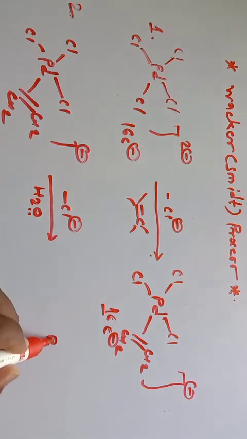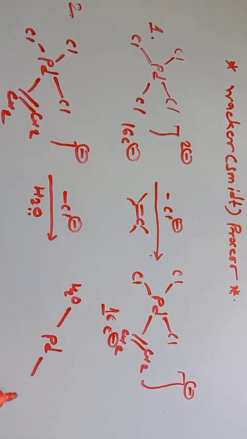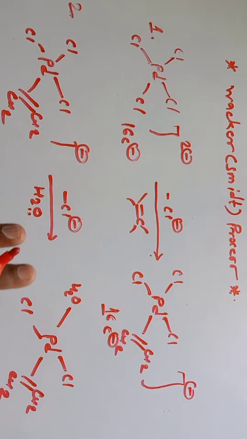And what you get here is Pd, this is your water, this is your alkene, and these chlorines are there. If you count the electrons, in this Wacker process there is no conversion of 16 to 18, or 18 to 16 electron species, so all species are 16 electron species.